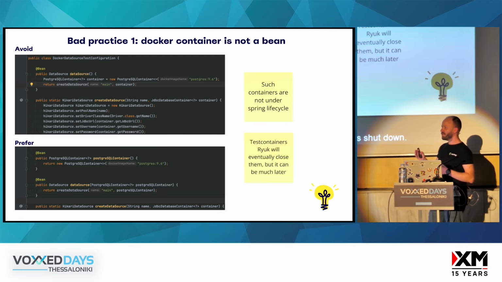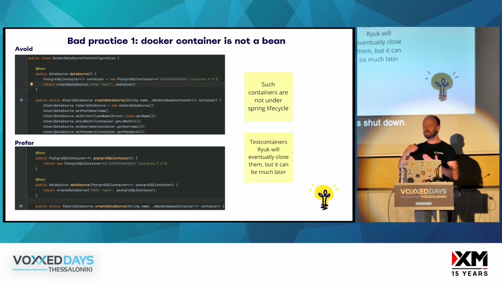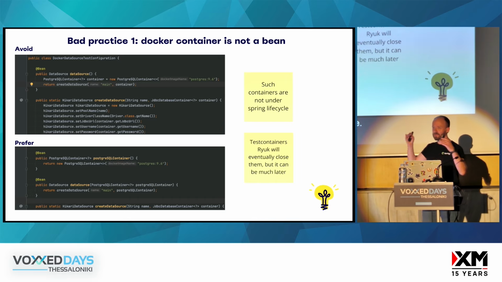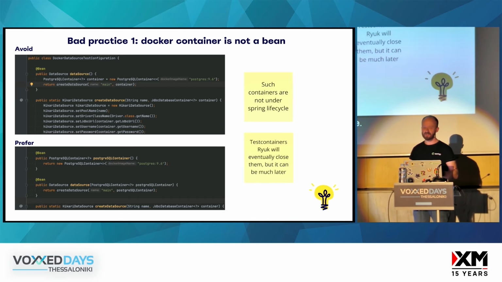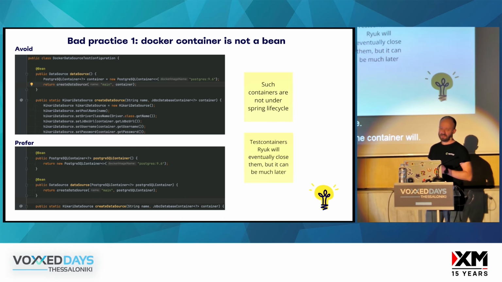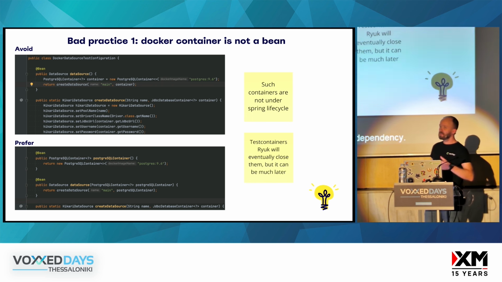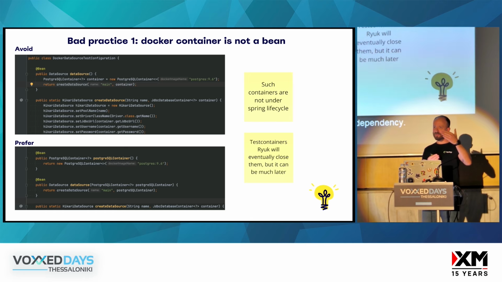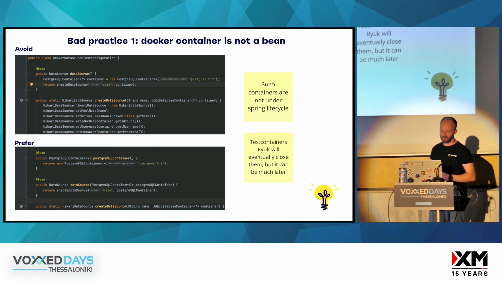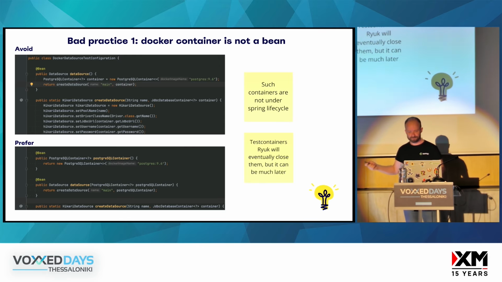Only the data source is exposed as a bean, so Spring will manage the life cycle only of the data source. It will close the data source, but the container will still stay alive. So instead, what you can do is define a separate Postgres container as a bean and inject it as a dependency for your data source. According to their dependency, Spring will close them in proper order, backwards.